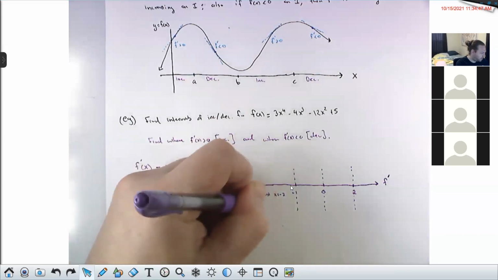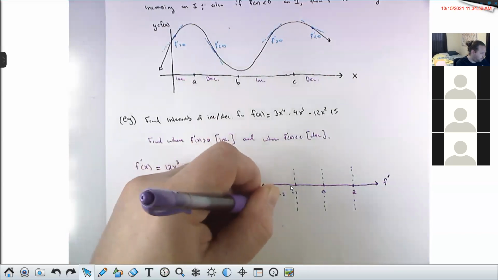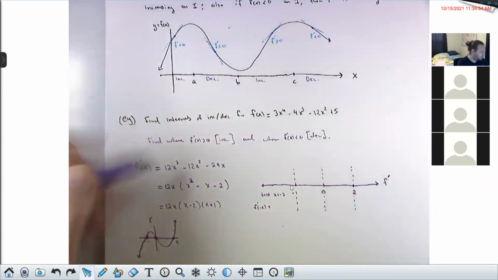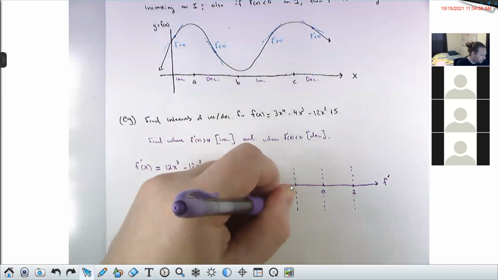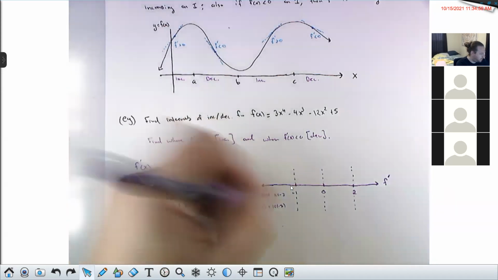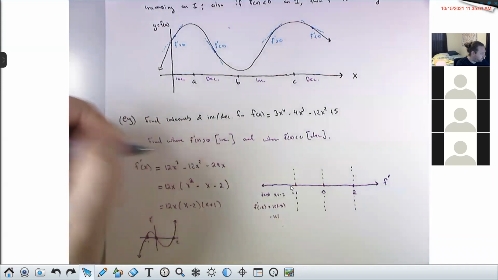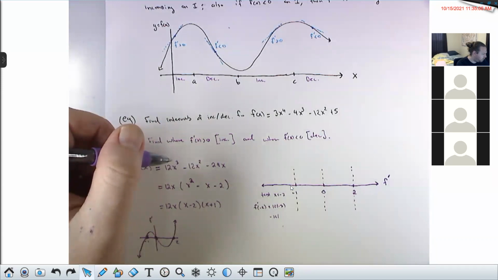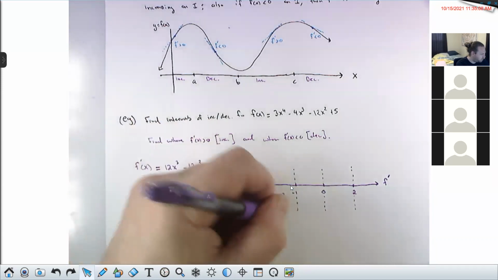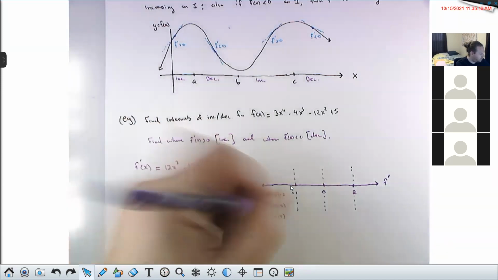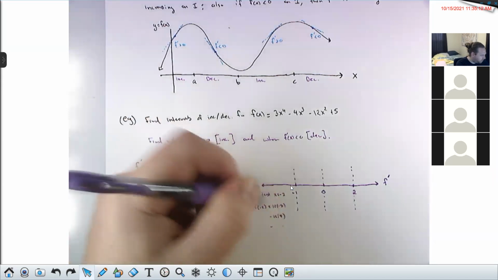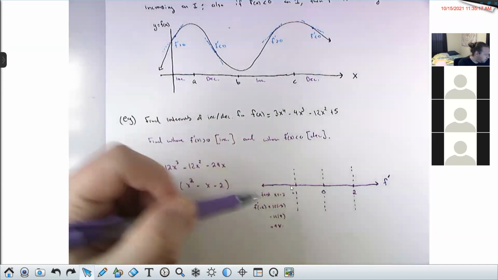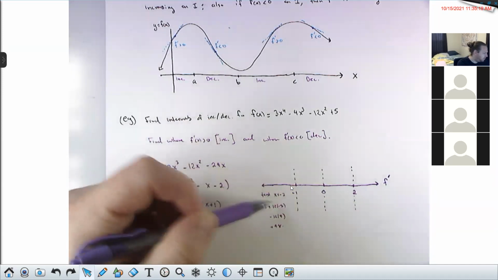So f prime of -2 would be 12 times -2 cubed, which is 12 times -8, minus 12 times -2 squared, which is 12 times 4, minus 24 times -2, which is plus 48. And this will come out to be negative if you do the computation.